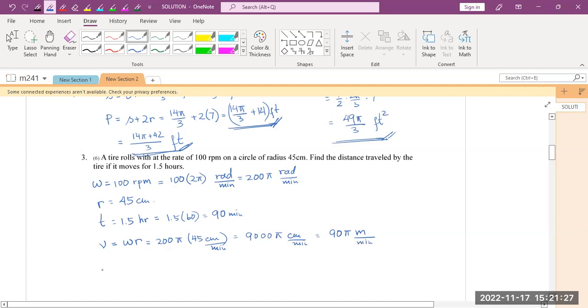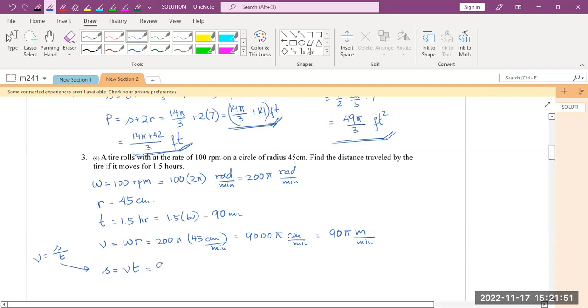Now, what is the total distance traveled? The total distance traveled S equals the linear velocity times time. The formula comes from linear velocity equals the distance traveled over the time; multiplying both sides by t gives the distance traveled.